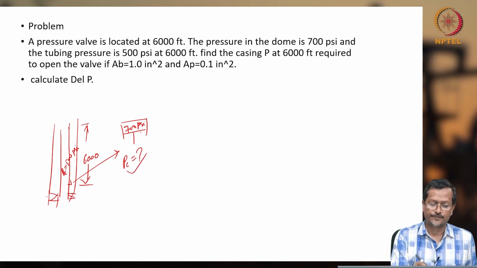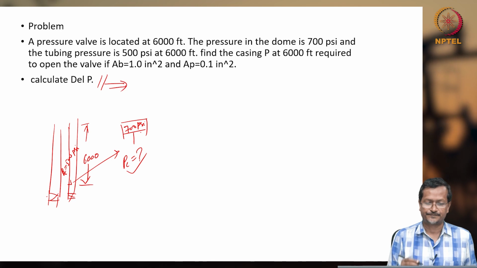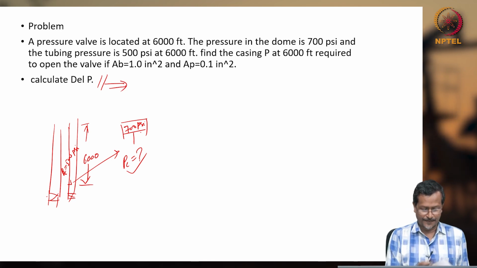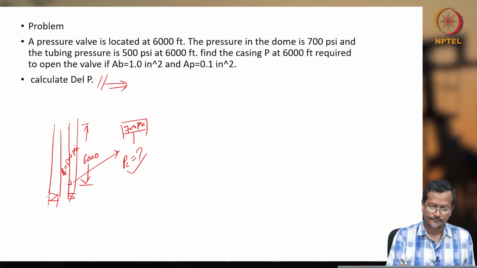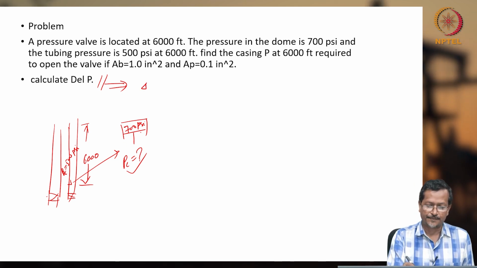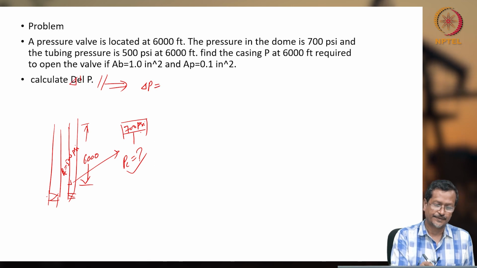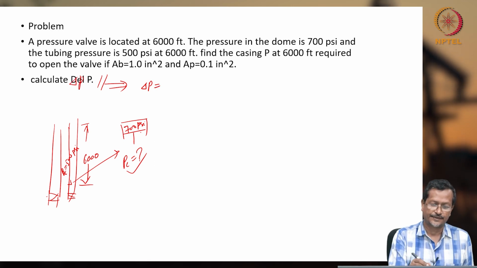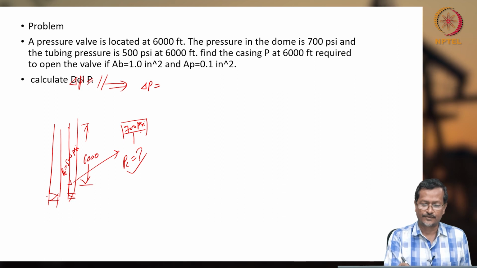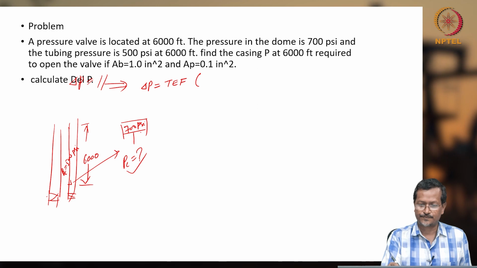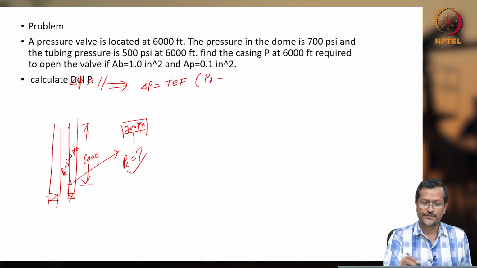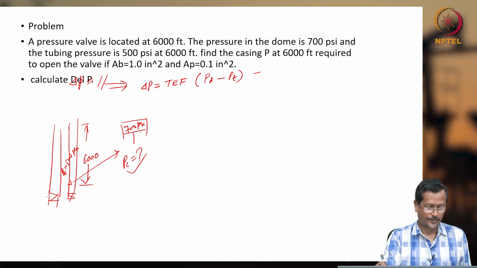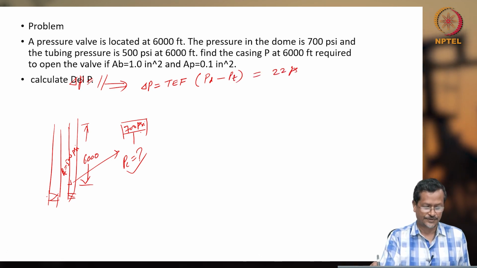Now in the present problem you have to calculate del P. To calculate del P you have to use the formula del P equals TEF times (PD minus PT), the dome pressure minus PT. It gives 22 psi.